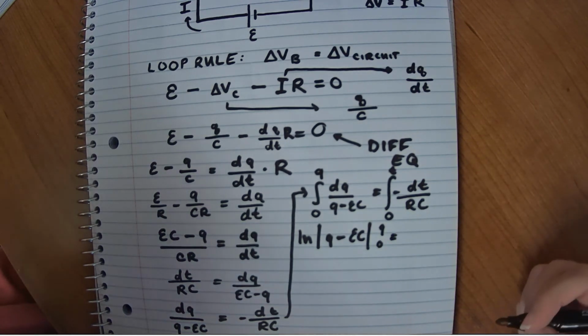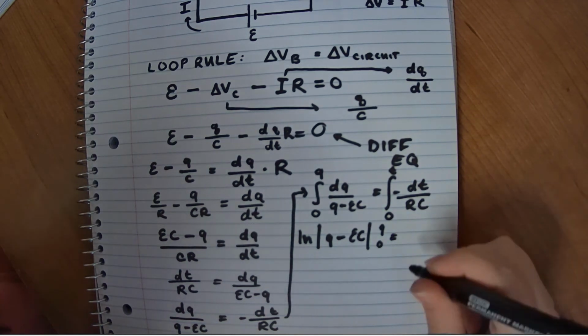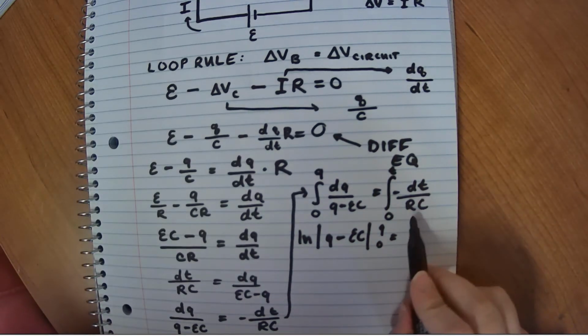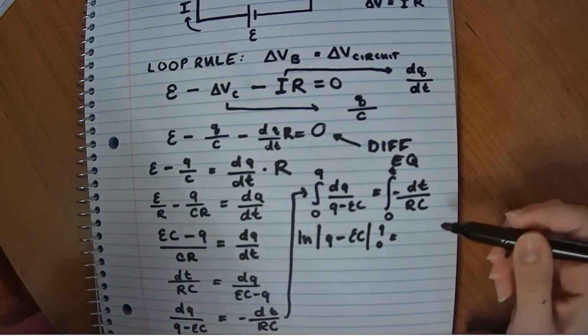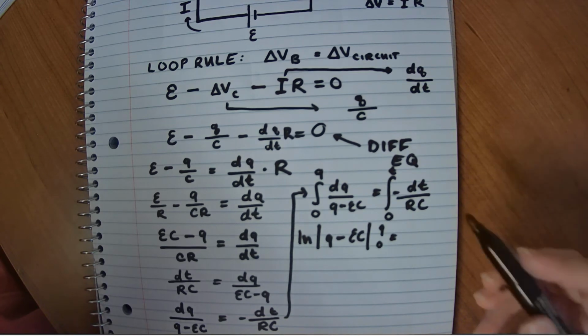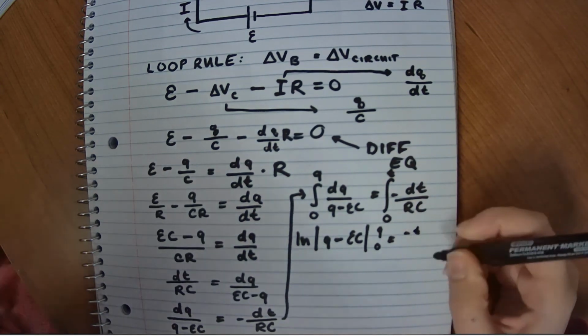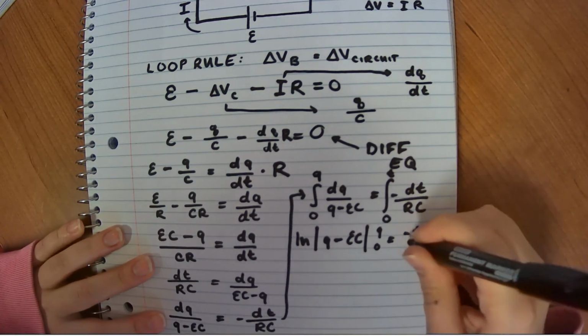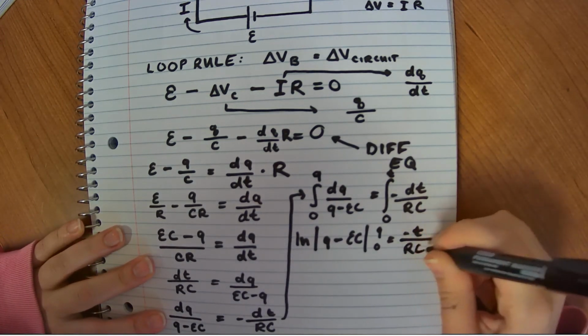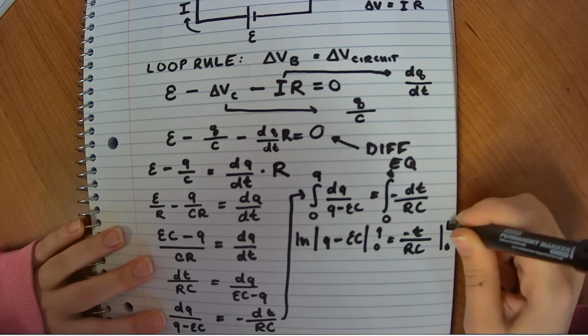And that's going to equal the integral of dt over RC. Well, R and C are both constant values, so it's just going to be negative t over RC, from 0 to t.